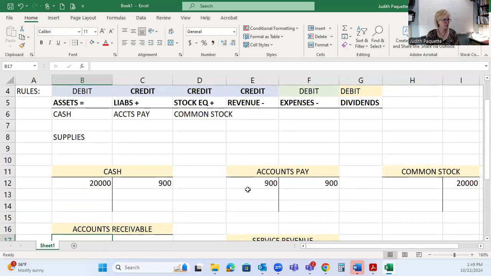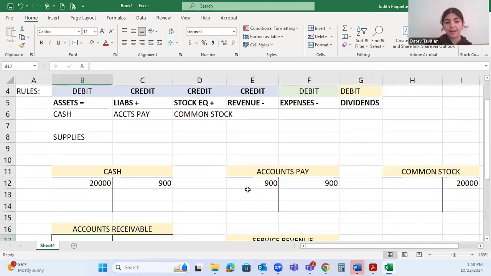Now I want an accounts receivable transaction. So I'm going to give you two transactions. This company cleans houses. This company cleaned a house and it was a big mess and they charged $500 and the owner paid them in cash. So they earned $500 for cleaning a house and they were paid in cash on the same day.